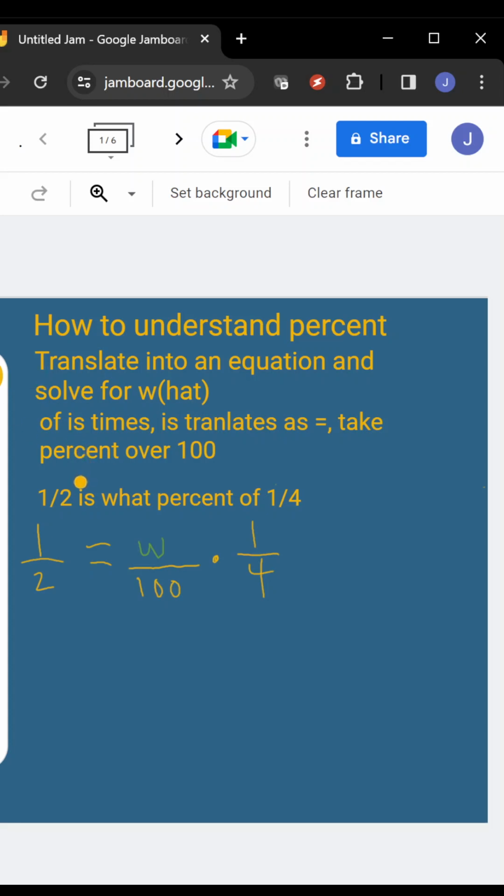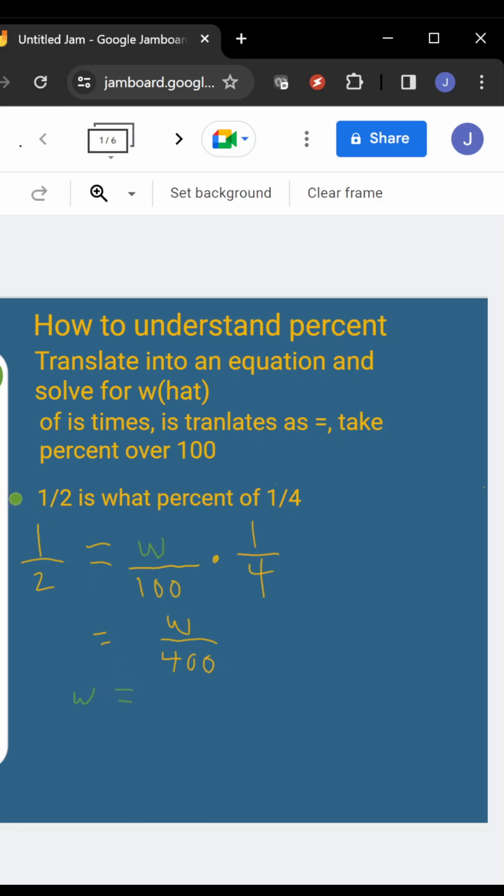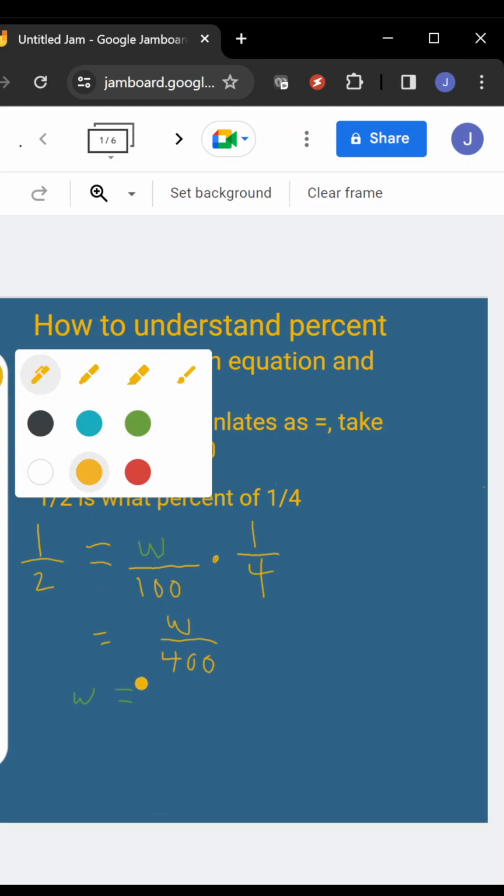And how can we solve this equation? Well, we're going to solve this for W. If you want, we could just write this as 100 times 4 is 400, so this is W over 400. If I solve this for W, I multiply both sides by 400, and you're going to get 400 over 2 on the left.